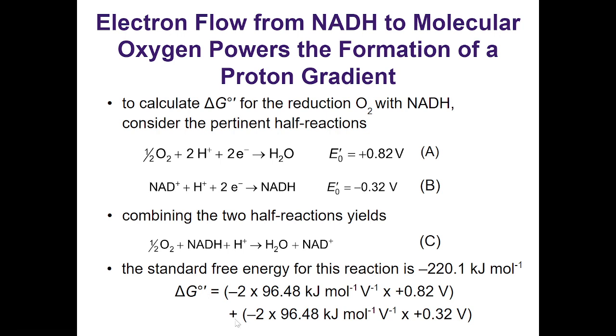This is then going to be plus negative 2 here again, because we're still negative number of electrons transferred, 2, times the Faraday constant, times, what happened to the sign? Yeah, we flipped the reaction, right? So we're going the opposite direction. That means it has to have the opposite sign.